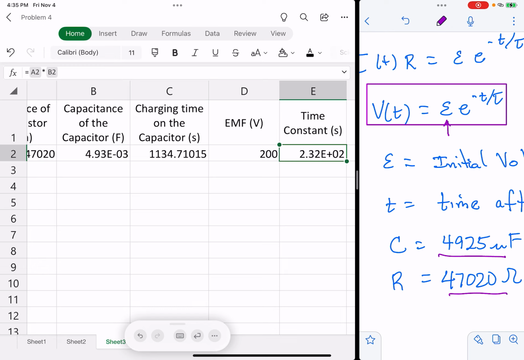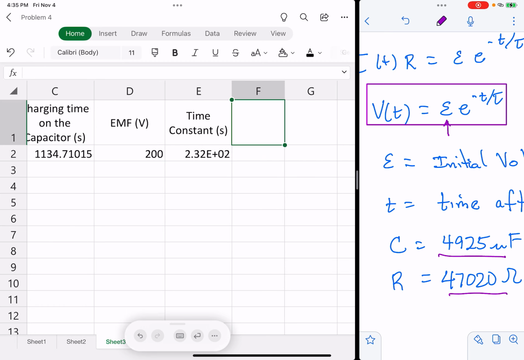So I have my time here. It's in scientific notation, but just know that it's 232 seconds. It may not be that useful, but we're pursuing our calculation.